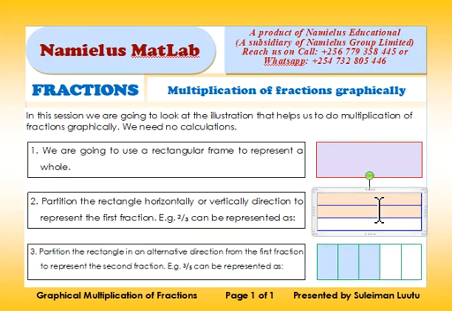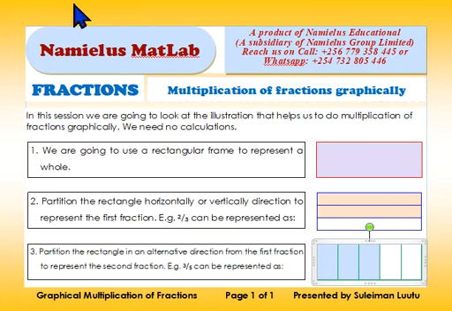If this is horizontally partitioned, then the next one becomes vertical. So what you should note is that the partitions for any 2 fractions to be multiplied should be in alternative directions. One should be vertical, the other one horizontal. Now, we are going to look at the actual procedure, how we do it.